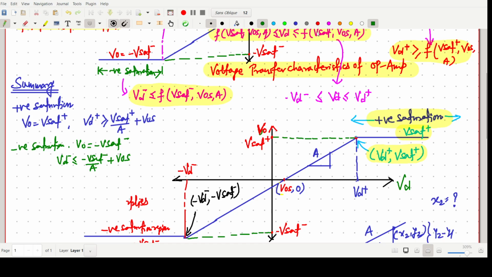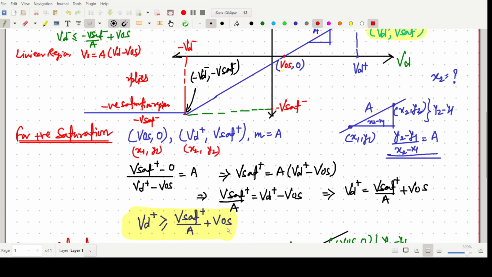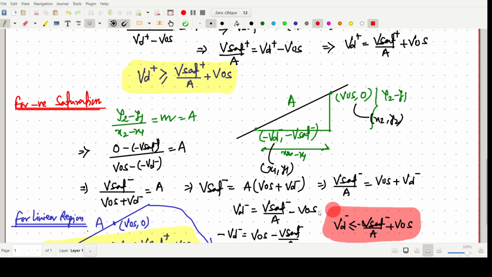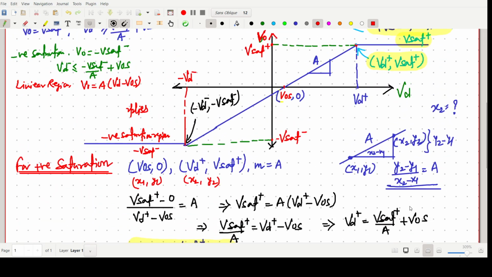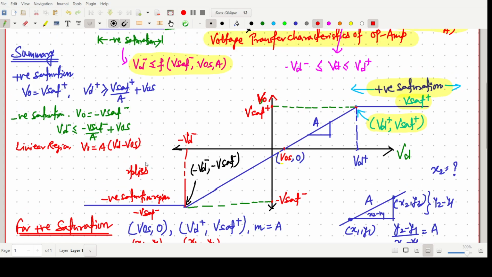Now for linear region, Vo equals A times Vd minus Vos, already calculated. If you want to go step by step, this one is Vo equals A Vd minus Vos, so we can directly write like that.